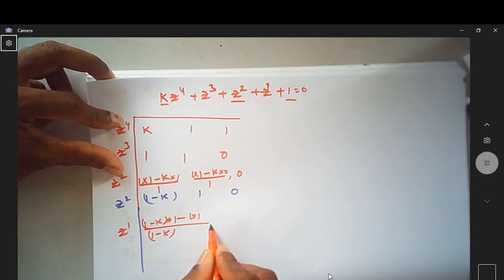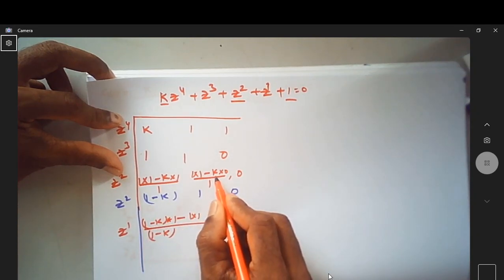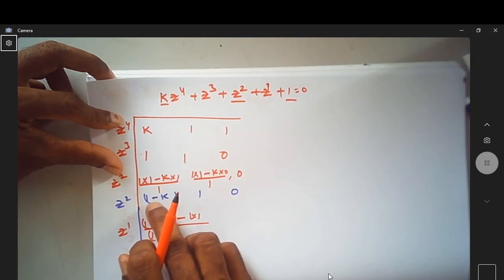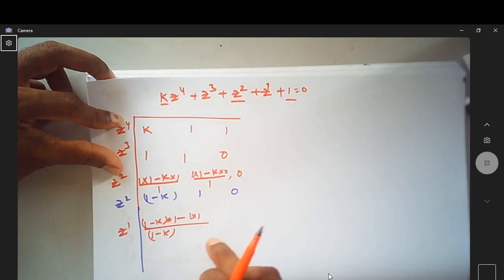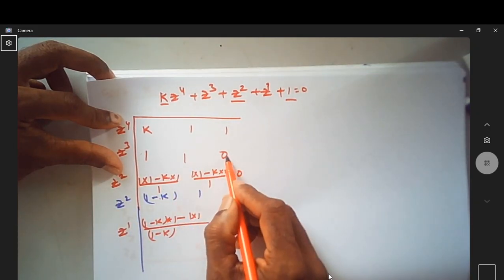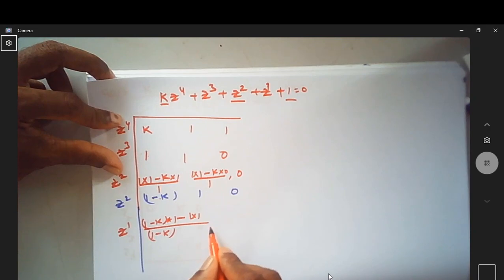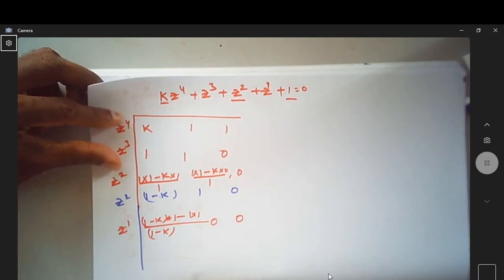This into this minus this into this is this, next it is this into this minus this into this, so it's actually 0, 0.